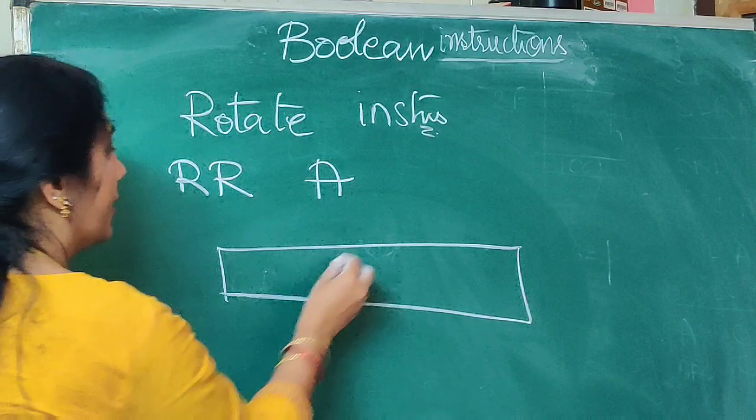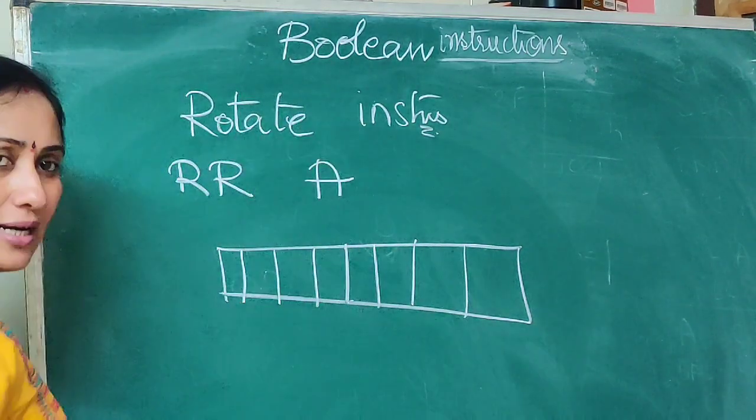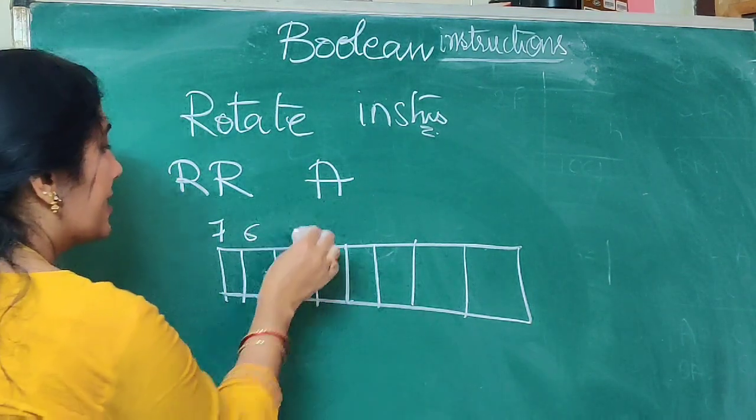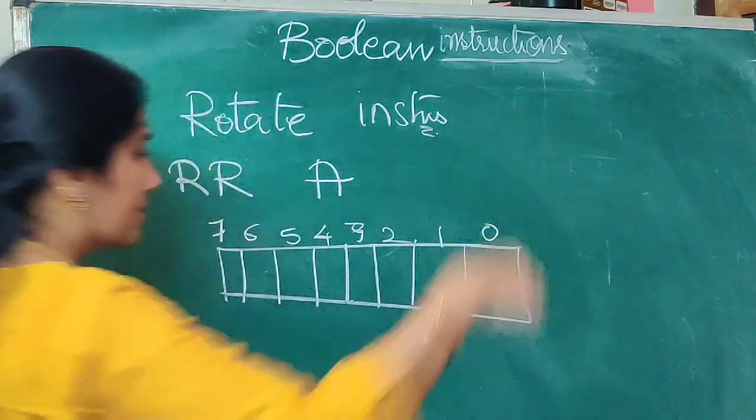Say accumulator is an 8-bit register. You all know this one. You're going to have, this is the 7th bit, that is the MSB bit, 6, 5, 4, 3, 2, 1 and 0.